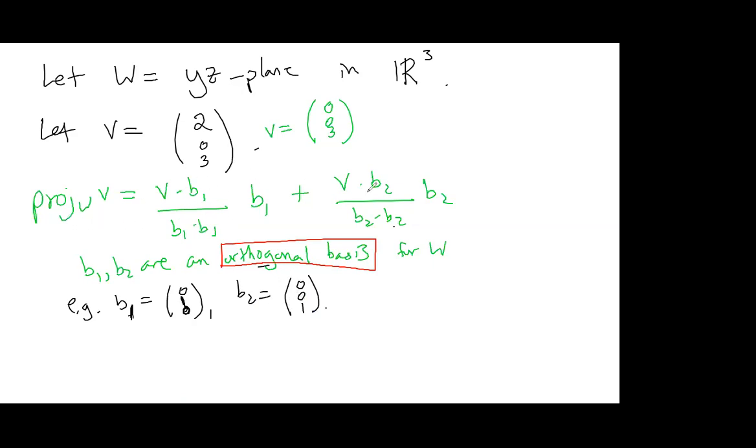The calculations would be different, but the overall vector would be the same. So we get that the projection is the dot product of (2, 0, 3) with this, which is just 0, plus the dot product of this, which is 3 over 1 times B2. Okay, great. So we get (0, 0, 3), exactly what we got. That was an easy calculation. All right, let's do a harder one. Let's do something maybe we can't visualize. So I'm going to clear all this.